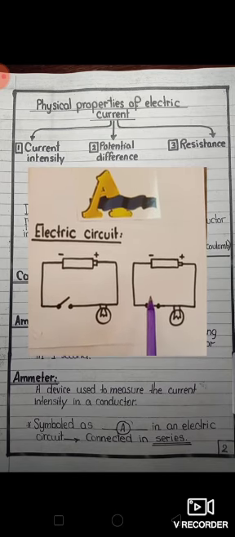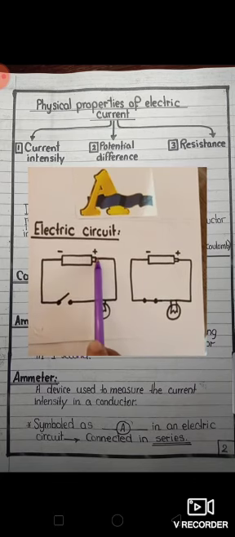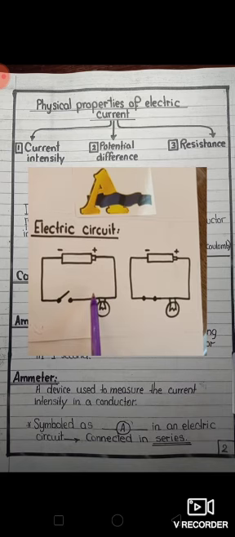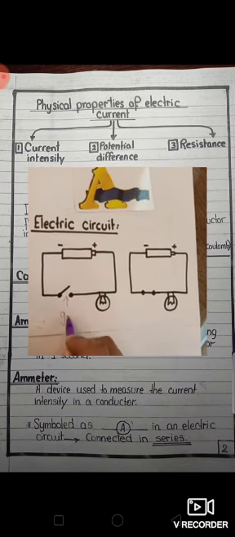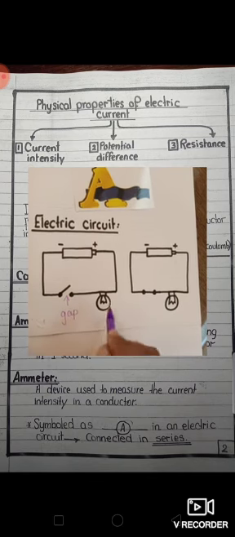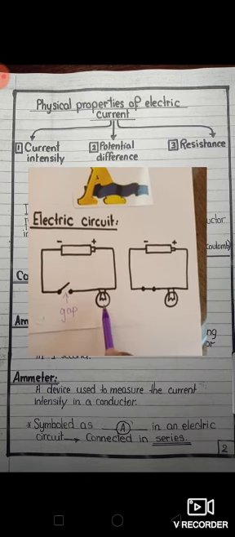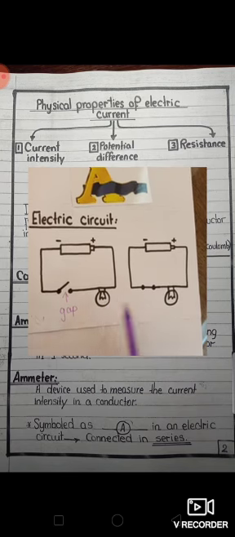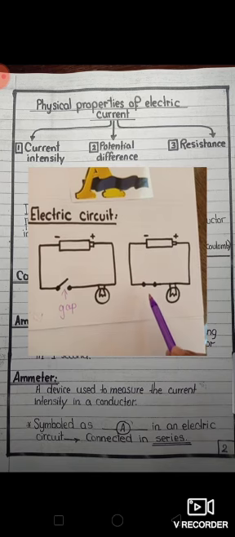So what does this mean also? It means that here, when the electric current passes through the circuit, there is a gap, so no electric current can pass, and the lamp will not light up. But here, this is a closed electric circuit.